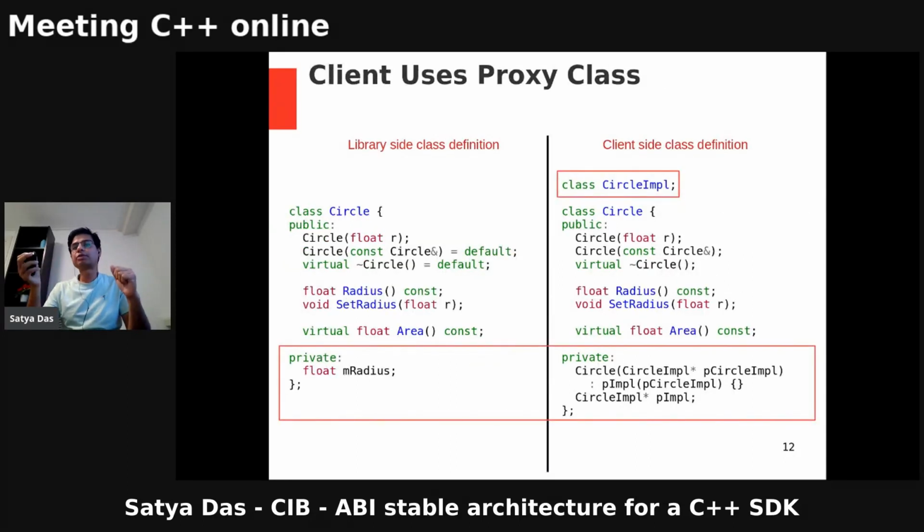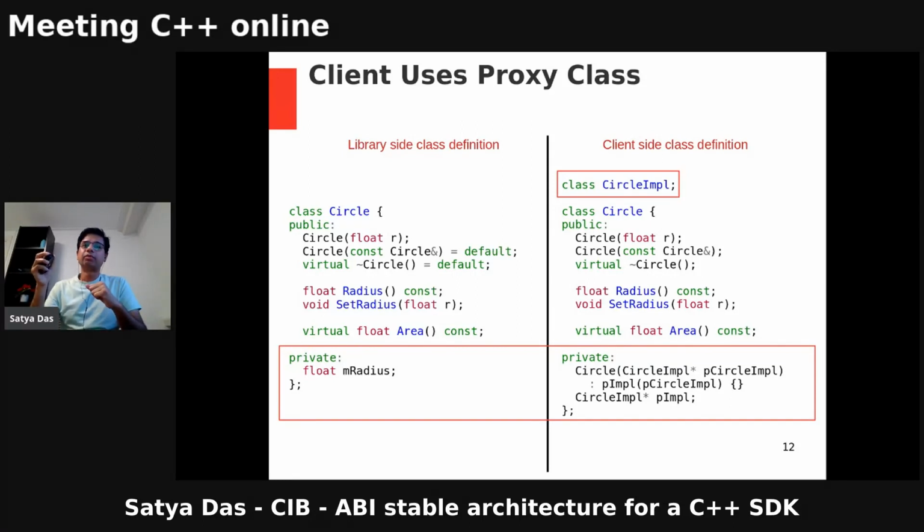So the library did not export a class, right? On the client side, we can define a circle class just for the client. Here you see the original circle class definition on the left side, but for the circle class definition on the client side, we can have the same name because there is no violation of the ODR principle, because the library did not export this class at all.